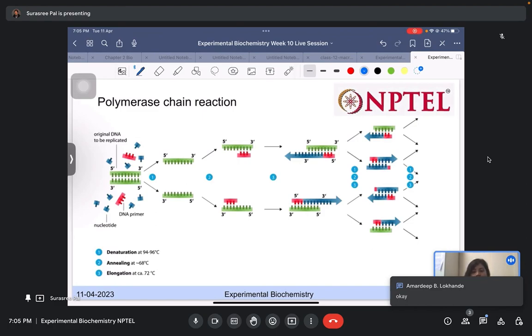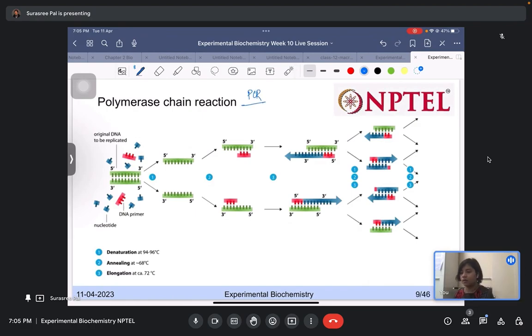Okay, so next we move on to the polymerase chain reaction, which is commonly called PCR. PCR was first discovered by the scientist Kary Mullis, and he received the Nobel Prize for the discovery of the polymerase chain reaction. This reaction is usually done in a machine called a thermocycler.